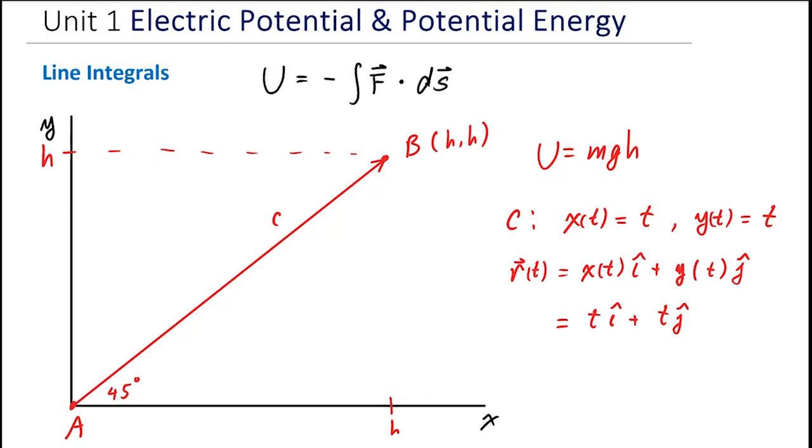So that's our path. Then what is dr? You see here ds, dr, this is some kind of path integral. So dr happens to be the derivative of this, so just i vector plus just j vector times dt, isn't it? dt i vector plus dt j vector, if you will.